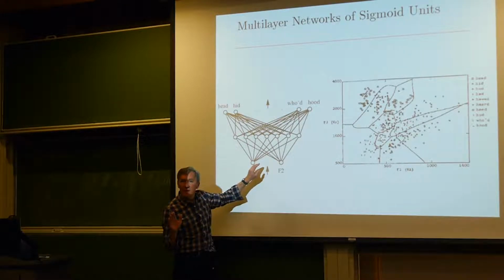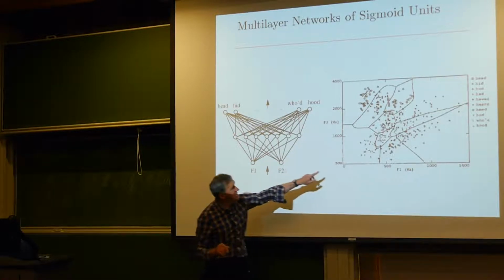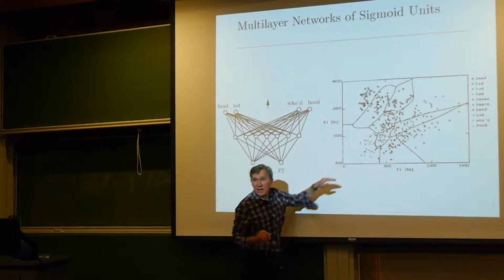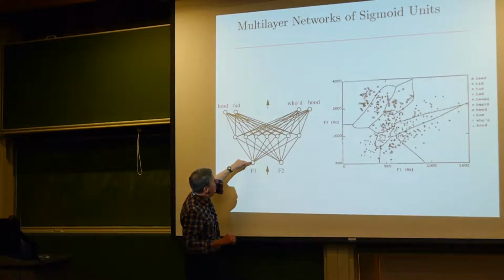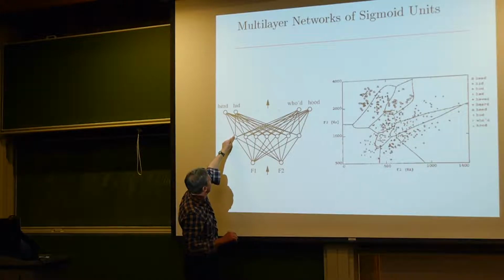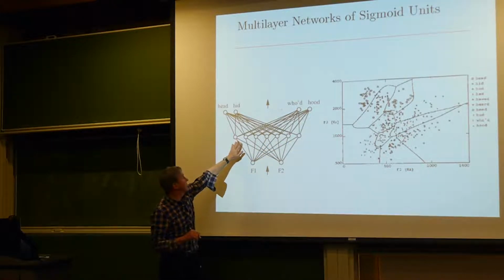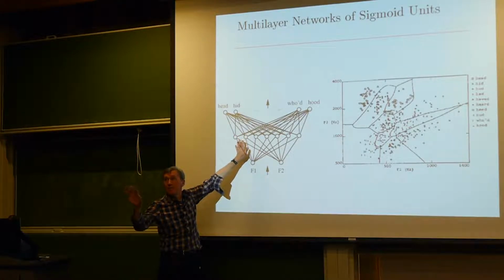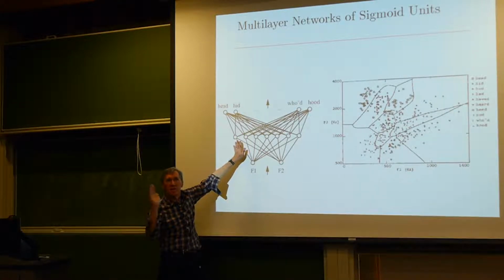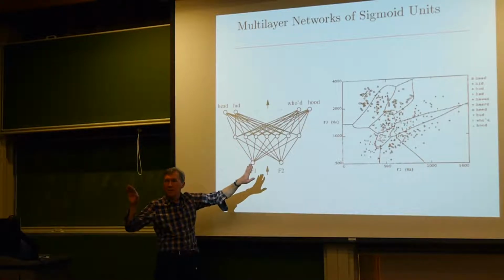I think the way to understand why this is so nonlinear is to realize that the inputs here are real valued. These are also real valued. They're numbers between 0 and 1. And at this level, we do not pin those to 0 and 1.